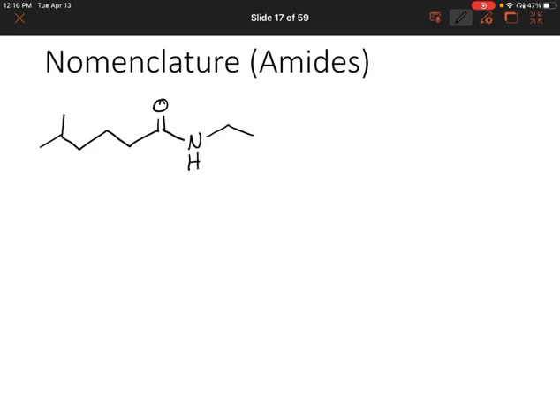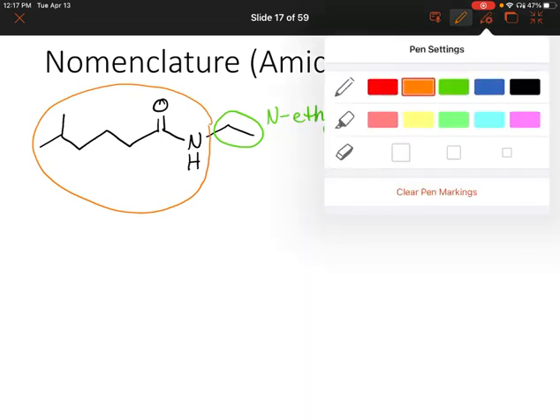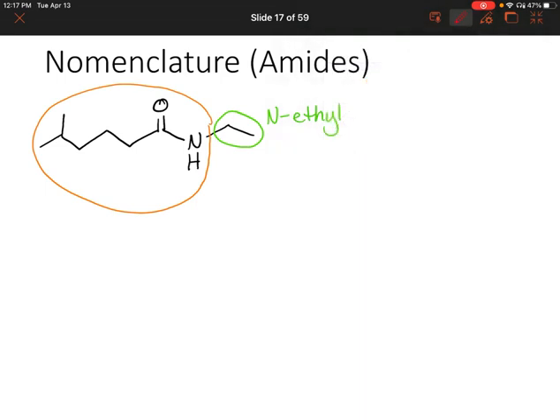All right, so let's try to figure out if there are any groups that are bonded to the nitrogen that are not hydrogen. And it does look like we have an ethyl group there. So we would call that N-ethyl. Okay, and then we have to name the rest of that molecule that's on the left-hand side there. So the first thing we'll want to do is figure out the longest parent chain.